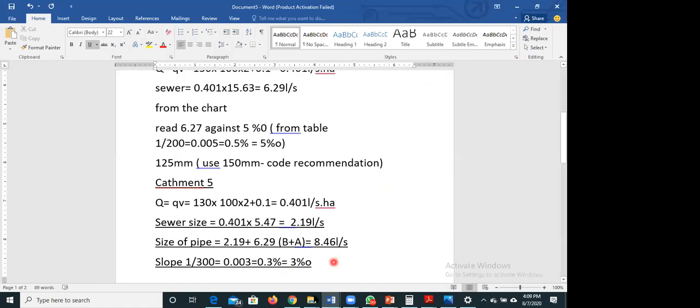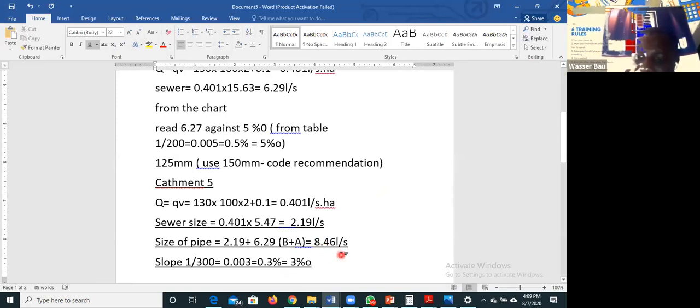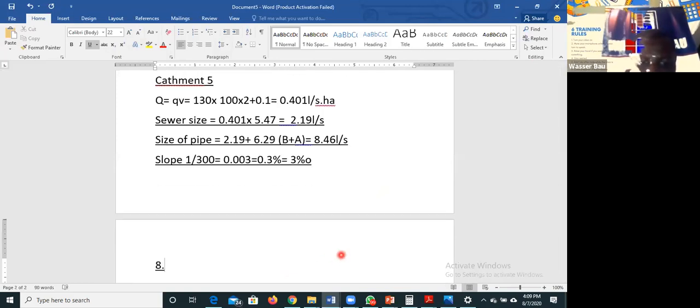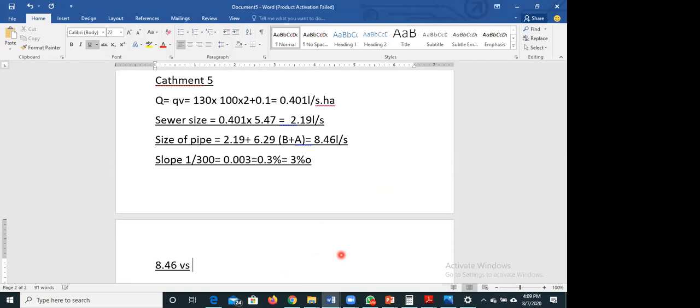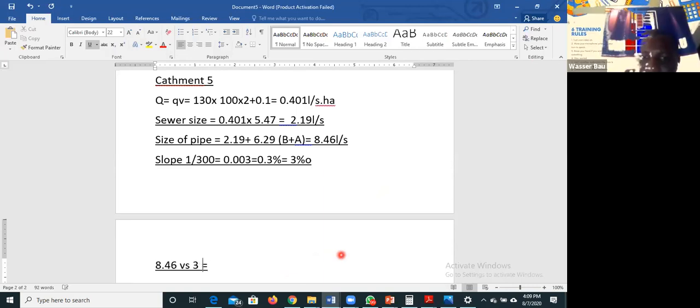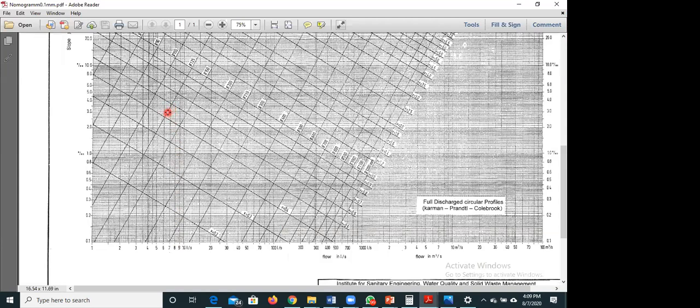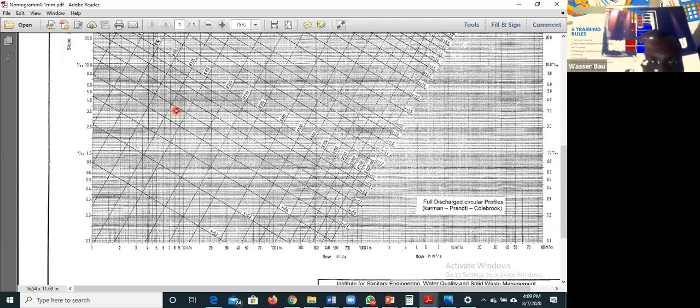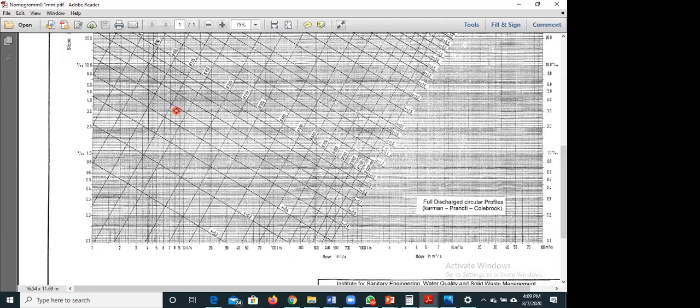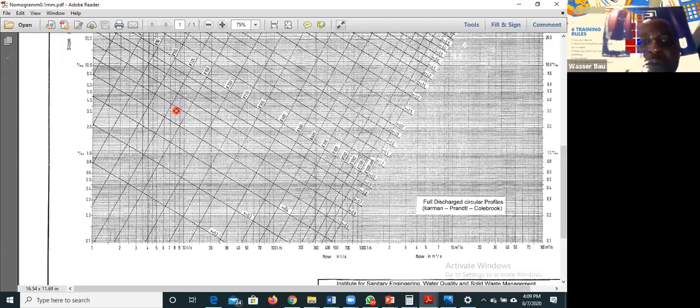So I'm going to read 8.46 against 3. The value is in between 125 and 150.